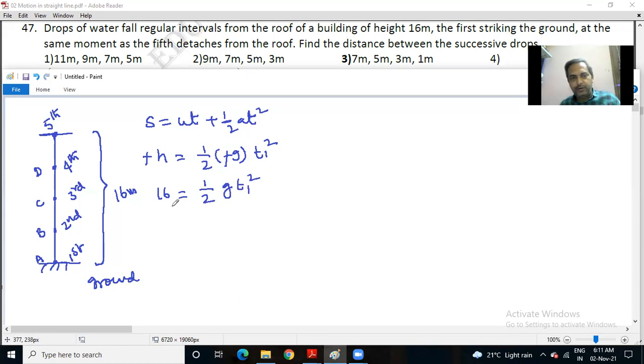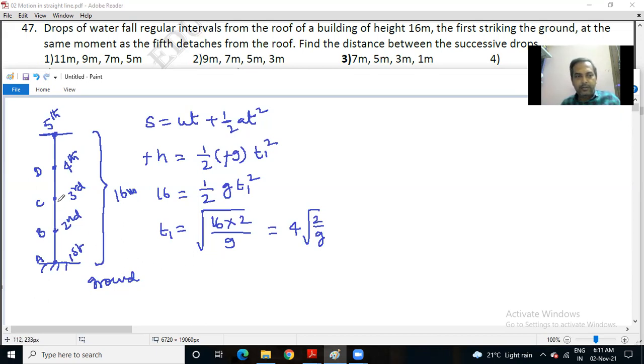So T1 is equal to under root of 16 into 2 by g, or 32 by g. This can also be written as root 16 is 4, under root 2 by g. So this is the time interval in which the first drop reaches the ground.